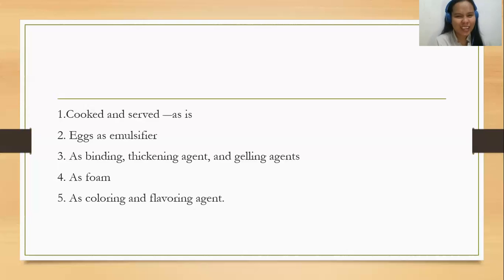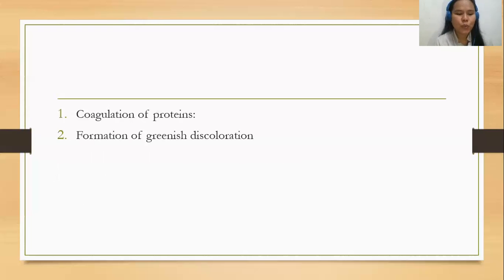Now, I think you're ready for cooking. But before that, let me give you an idea of the effects of heat on eggs. The first one is coagulation of protein.